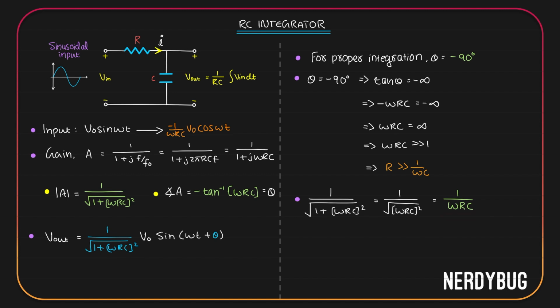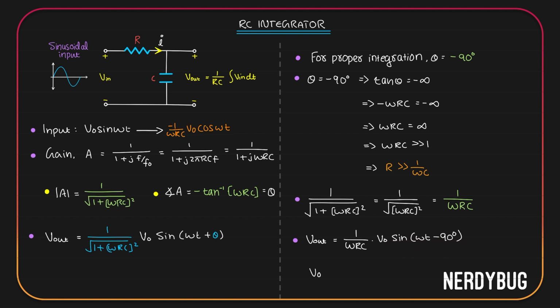Let us substitute it in this equation and see what we get. V output becomes 1 by omega RC multiplied by V naught sine omega t plus theta, where theta is minus 90 degree. Sine omega t minus 90 degree is minus cos omega t.